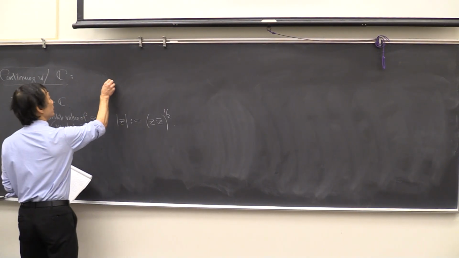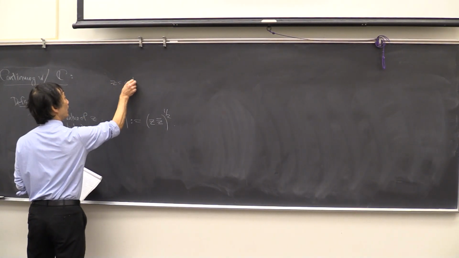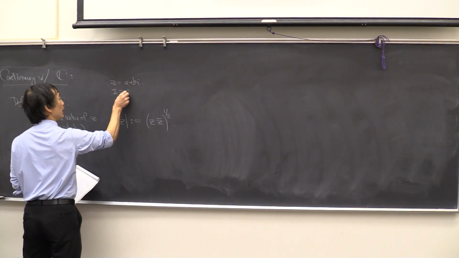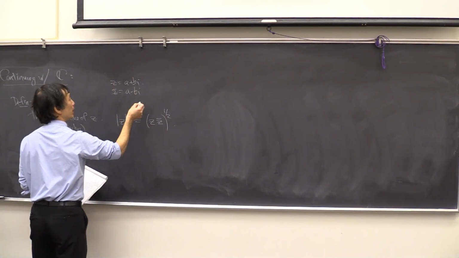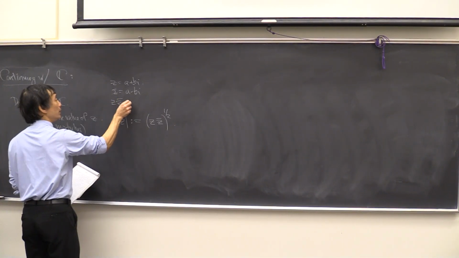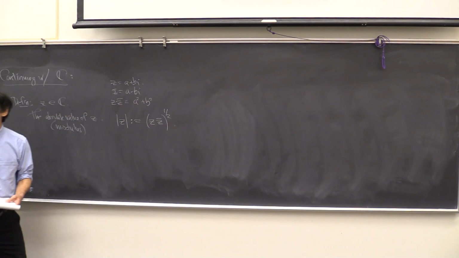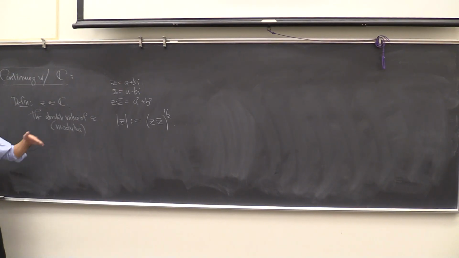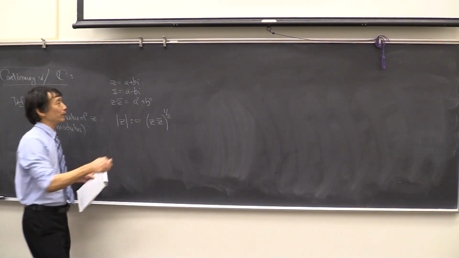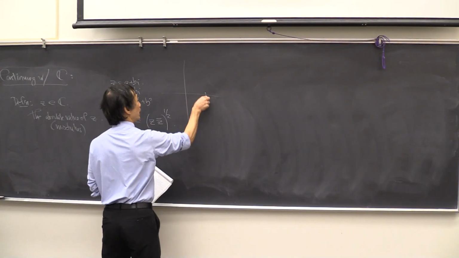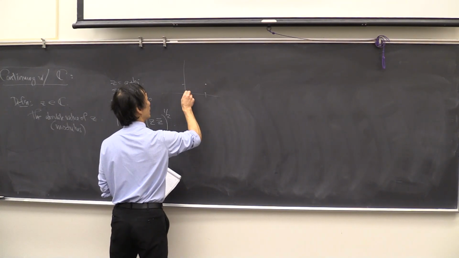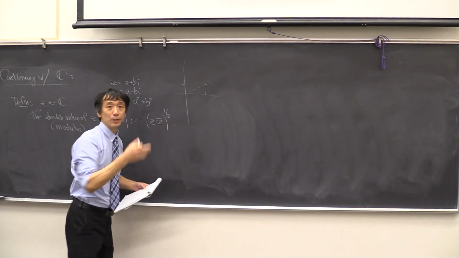Remember that if z is a plus bi, then z bar is a minus bi, right? And so z times z bar is just going to be a squared plus b squared. So it corresponds to your normal Euclidean notion. If we're thinking about this as a plus bi in the plane, then it's just the distance to the origin.